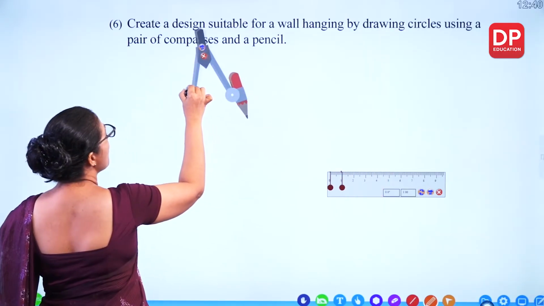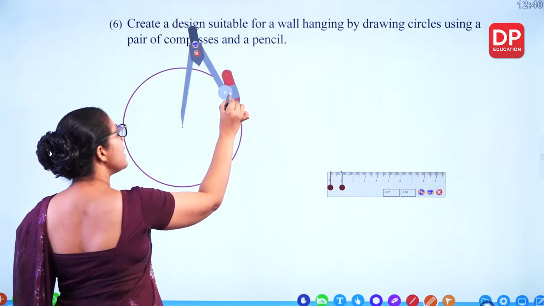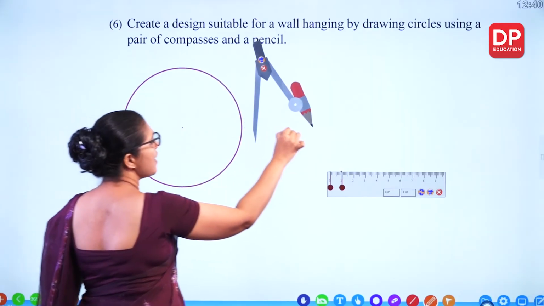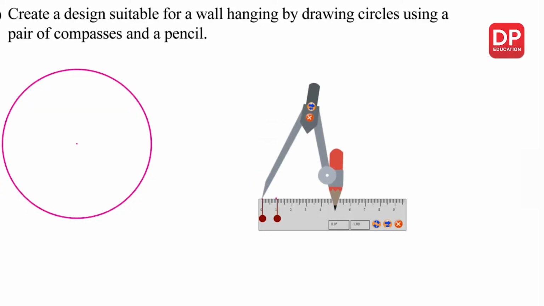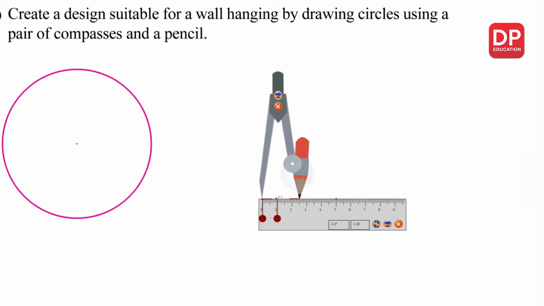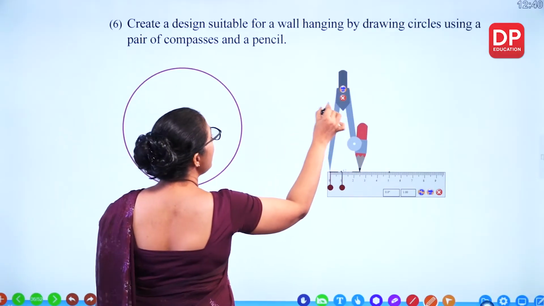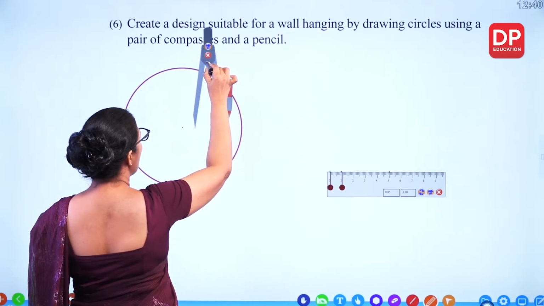So take the compass and draw a circle first with 5 centimeter radius and then take half of it. Half of it is 2.5. 2.5 and then you keep in between these 2 points.